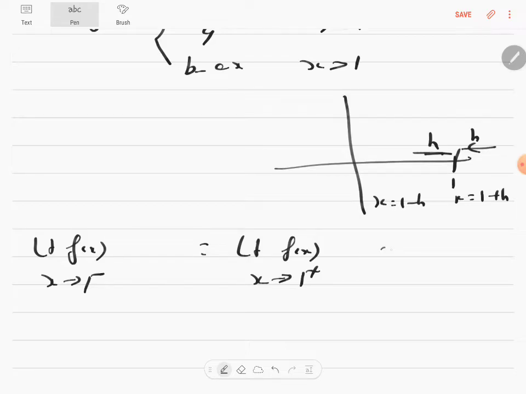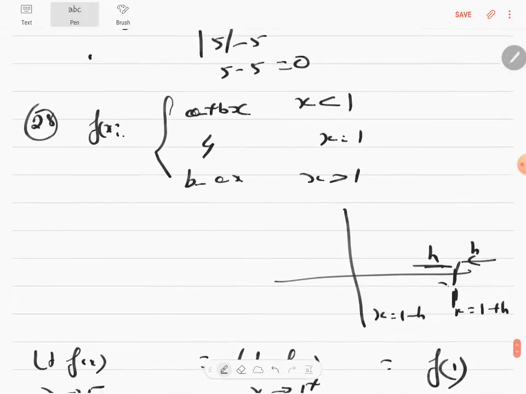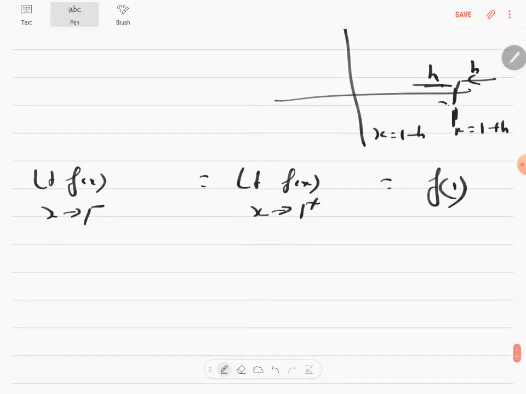Should also be equal to f of 1 at that point. For the limit to exist, left hand limit should be equal to right hand limit, and should also be equal to the value at that point. We haven't checked that till now. Not needed earlier, but from now on we must do it. Should be equal to f of 1.